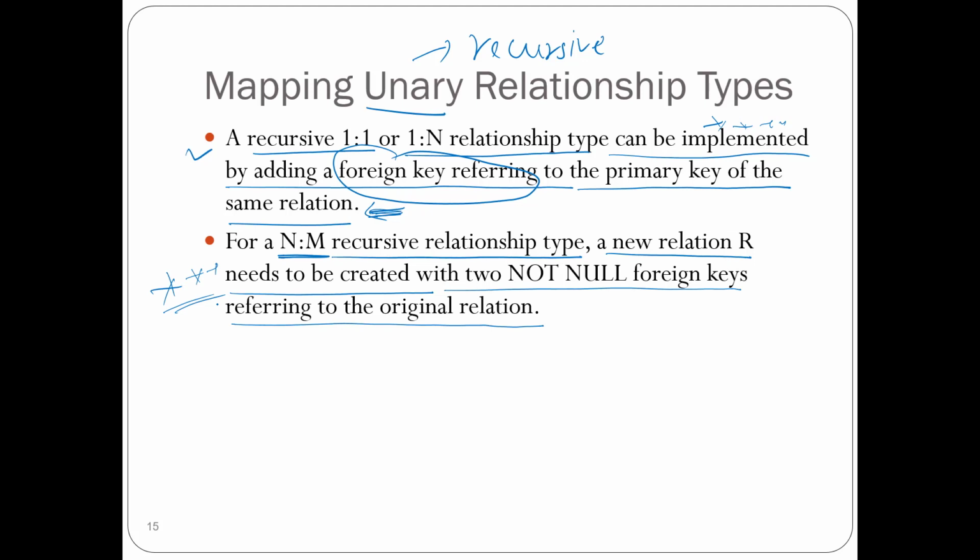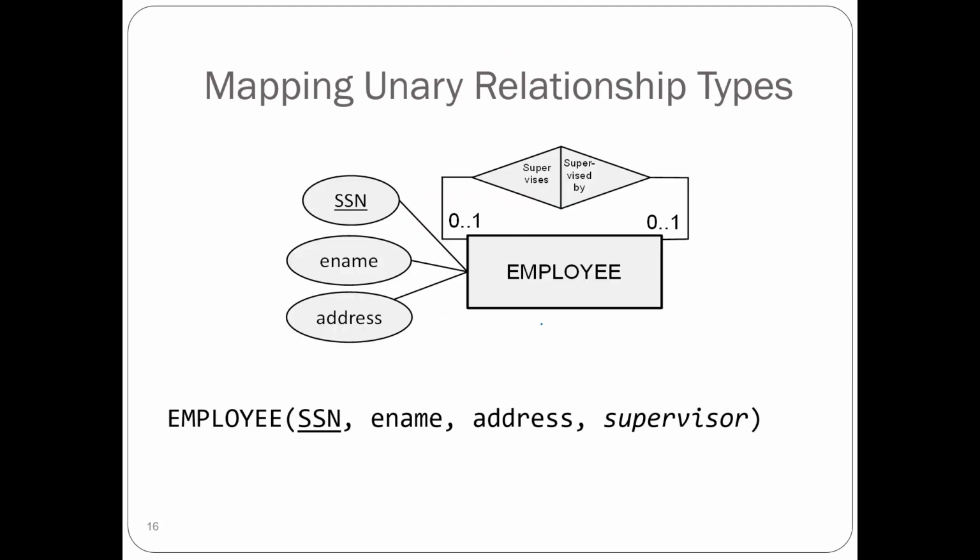There also we were required to define a new relation, and that new relation would need two foreign keys. Same thing we are doing here also. We would need a new relation R, created with two not null foreign keys referring to the original relation. So we need examples badly for these cases.